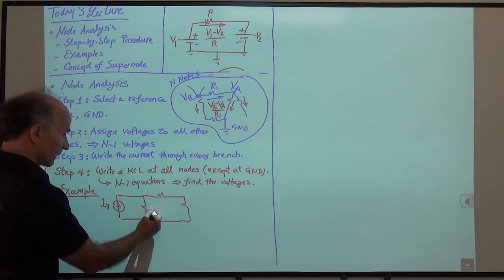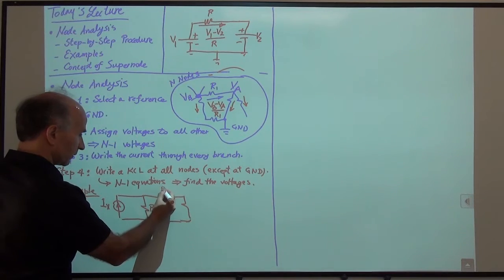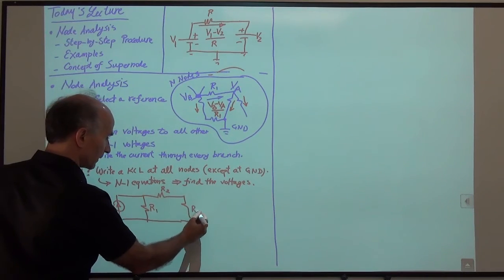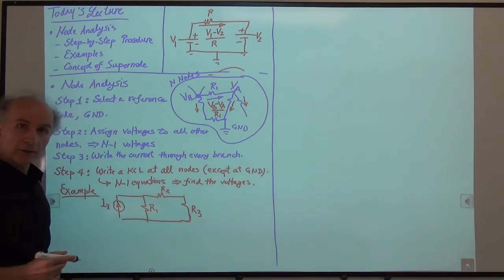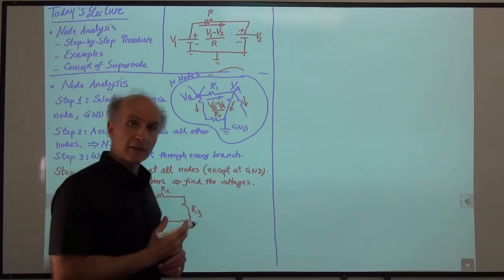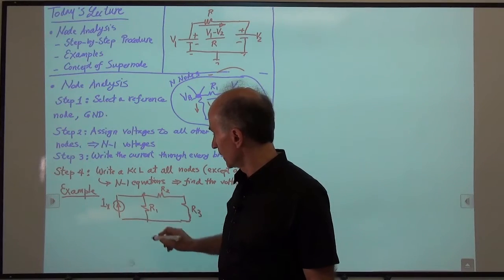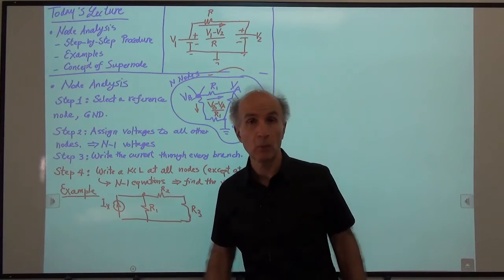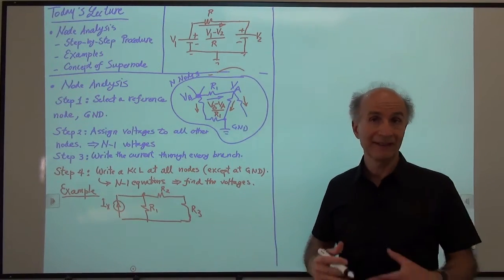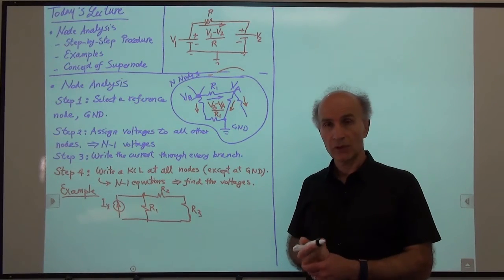So we call these R1, R2, and R3. Now I should draw the circuit a little bigger, but I'll try to squeeze everything in the circuit itself. Okay, so here's the circuit given to us, and we want to solve the circuit, meaning we want to find everything about it. And the question is, how do we do that?